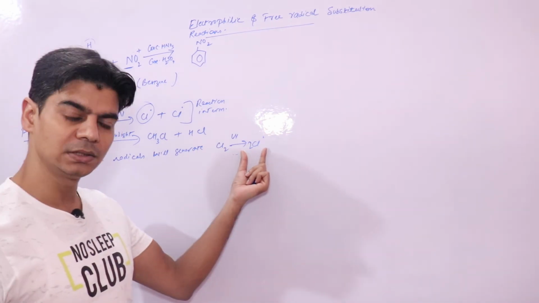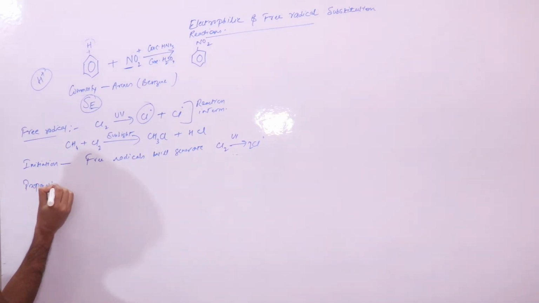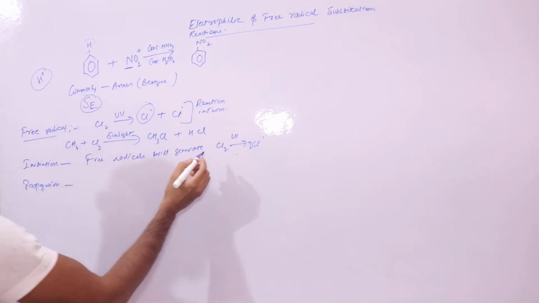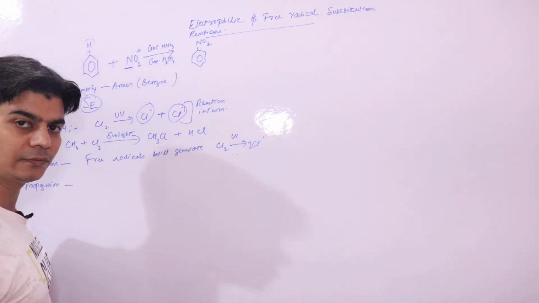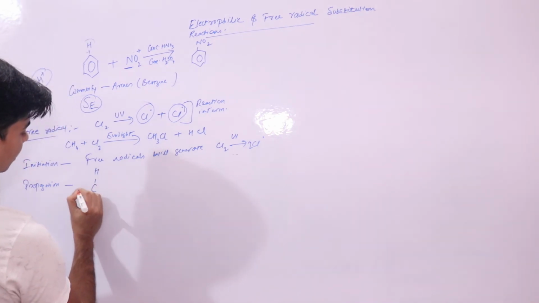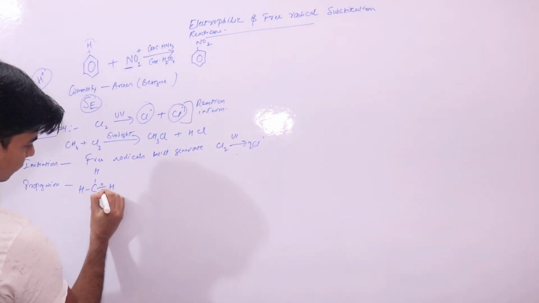Now you have 2 free radicals. One of them will attack the methane molecule, and that is the propagation step. A chlorine free radical attacks a methane molecule to form HCl and a methyl free radical. The chlorine free radical, which is highly reactive, is trying to pair itself up.